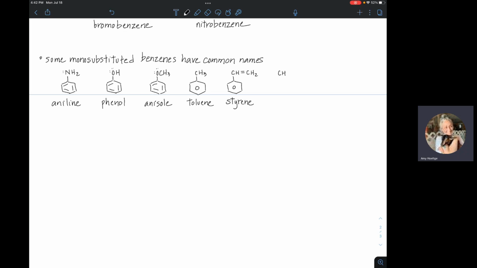We could have, we'll draw just a couple more before we move on. This is benzaldehyde. And this last one I'll draw is benzoic acid.